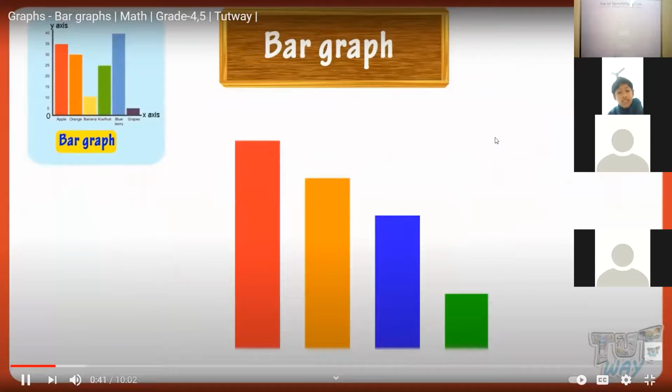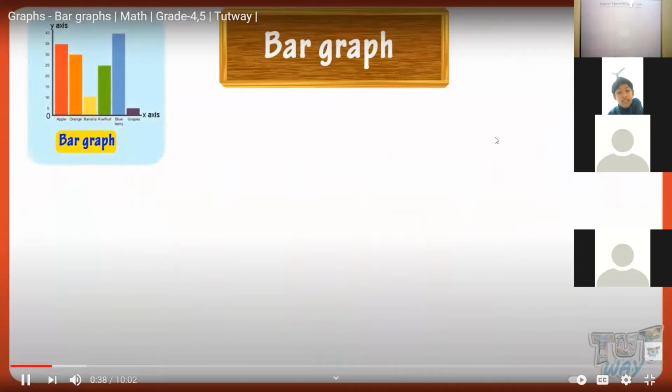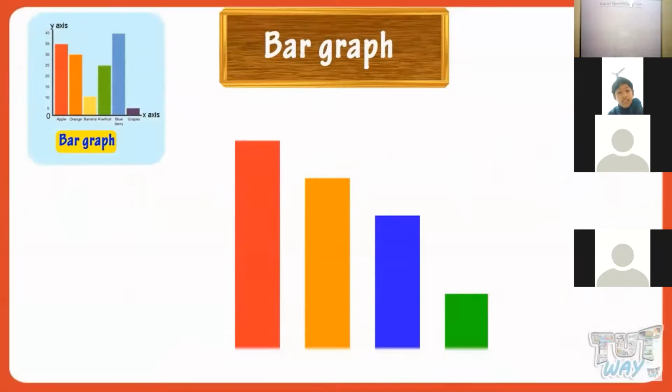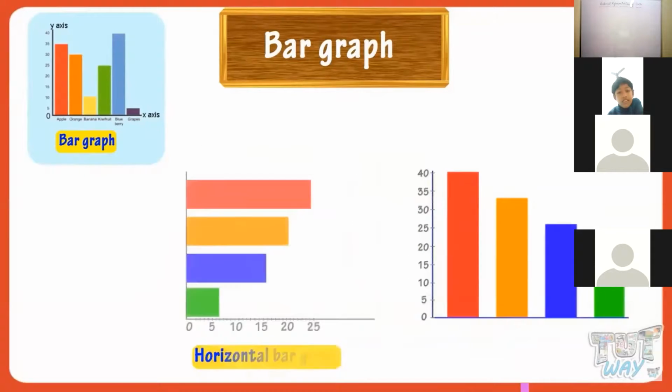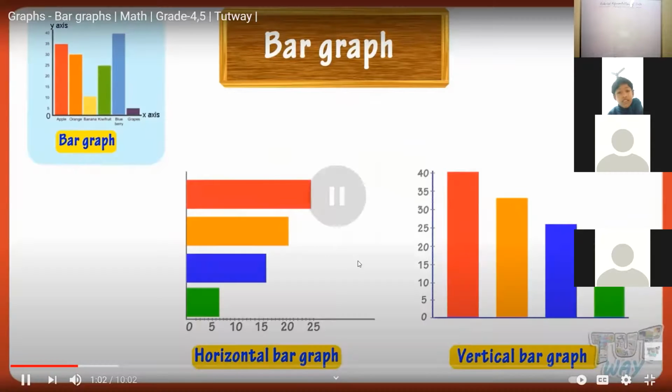A bar chart is a chart with rectangular bars, where the length of bars represents the value of something. And there is a scale along the length of bars which is used to measure the length of bars. The bars can be plotted horizontally or vertically. Bar graphs are used to compare the value.